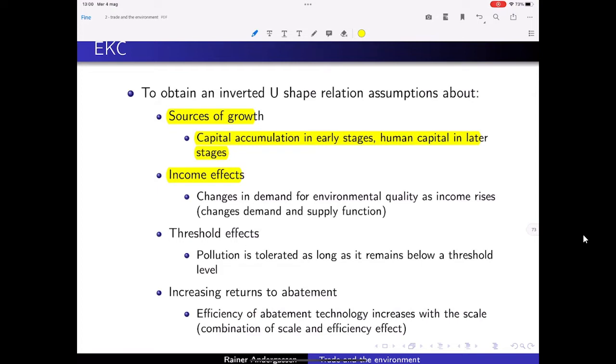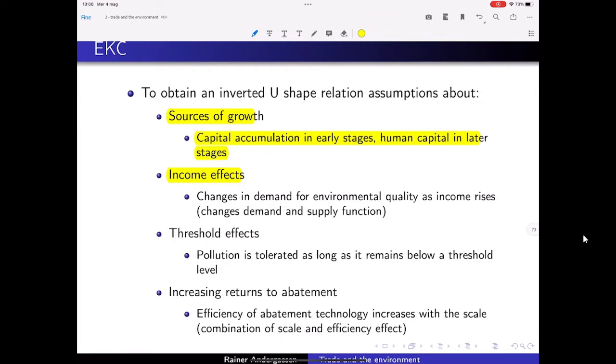And this confirms what I said before. This is one of the major hurdles, for instance, for growth in developing countries. This is one story, but there are also others.